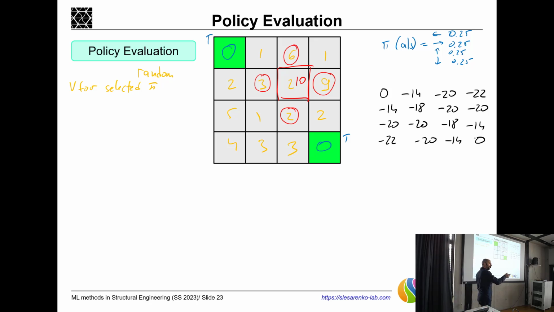After a couple of sweeps, as they are called, usually you need quite a lot of sweeps, you update these values based on the neighbors, and it will always converge. And it will converge to this matrix.